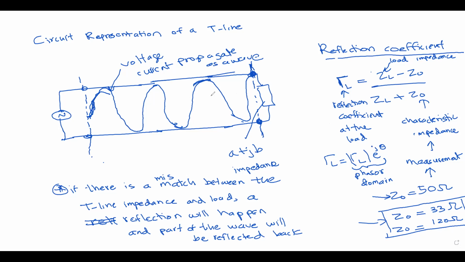So this wave is the forward wave or the incident wave. The wave which is going initially towards the load, we call the incident wave. And the wave that gets reflected back after the incident wave reaches the load is known as the reflected wave.